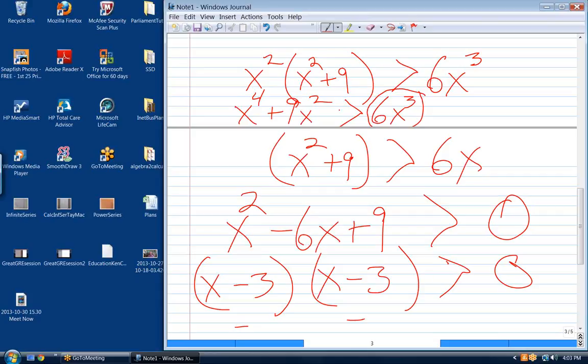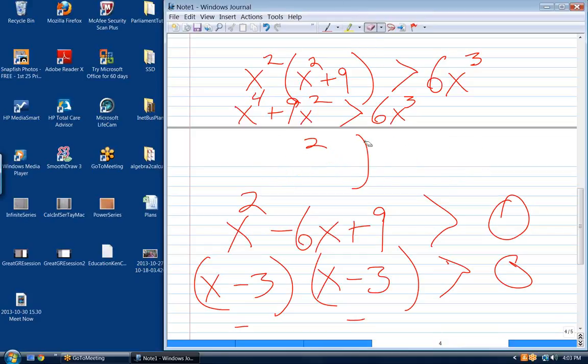Positives are always greater than negatives, so it's certainly true for all negative x's. Is it true for all positive x's? Most of the time x to the 4th is going to be bigger than x to the 3rd, but fractions might make that different. In other words, x to the 4th is not always bigger than x to the 3rd.